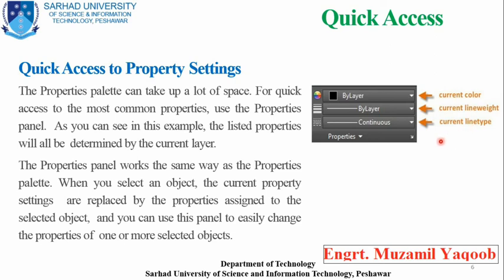The properties panel works the same way as the properties palette. When you select an object, the current property settings are replaced by the properties assigned to the selected object, and you can use this panel to easily change the properties of one or more selected objects, as we discussed in the previous slide as well.